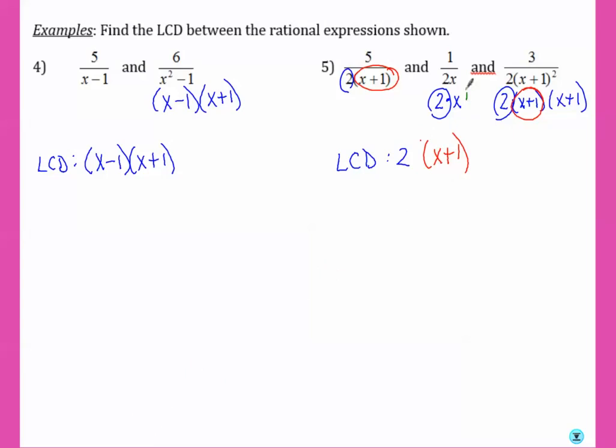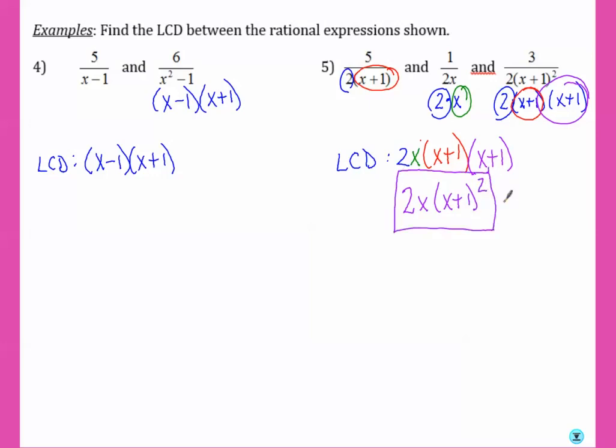This denominator also wants there to be just a single x. And then this denominator wants us to have an additional x plus 1. This could also be written as 2x times x plus 1 squared. So each piece of every denominator needs to be in there. It only needs to be repeated if it's in one denominator twice.